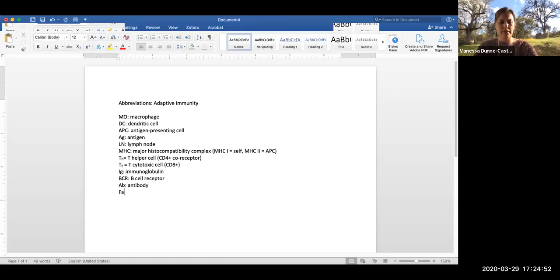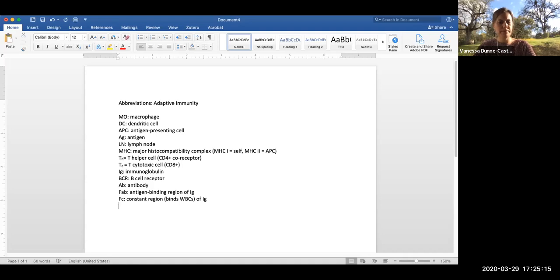And we have our FAB region, which is the antigen binding region of an immunoglobulin, and the FC region, which is the constant region, binds white blood cells, of immunoglobulin. Okay.